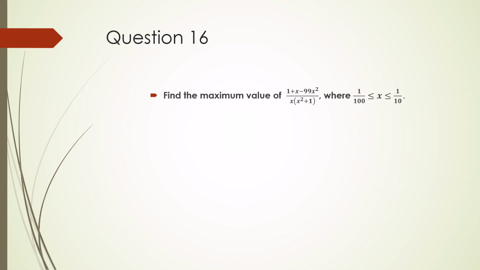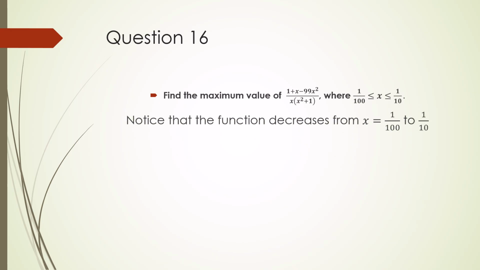We are to find the maximum value of (1 plus x minus 99x squared) over (x times (x squared plus 1)), where x is between 1 over 100 and 1 over 10. We can actually notice that the function is decreasing for x from 1 over 100 to 1 over 10.